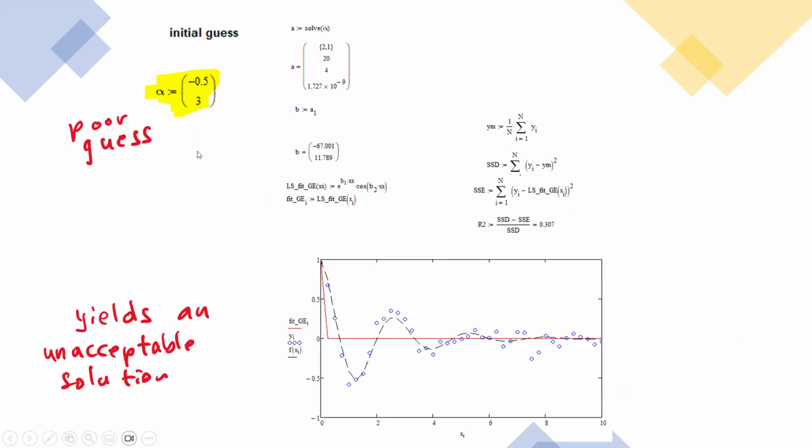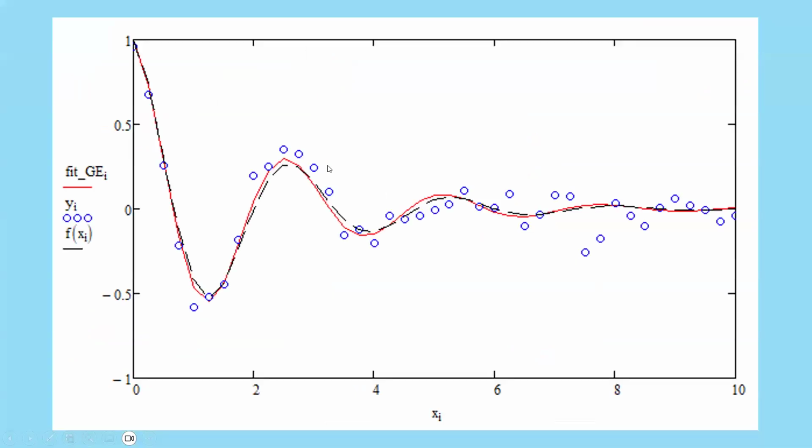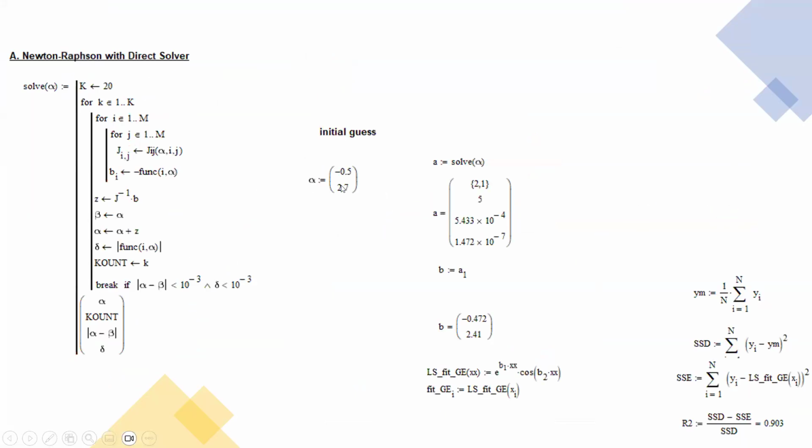Again, for this example, we solved the previous problem, but we changed the initial guess. When we run the Newton-Raphson method with this initial guess, the values of A0 and A1 change to negative 67 and 11. While in the previous conditions, with the previous initial guess, the value of A1 was negative 0.472.